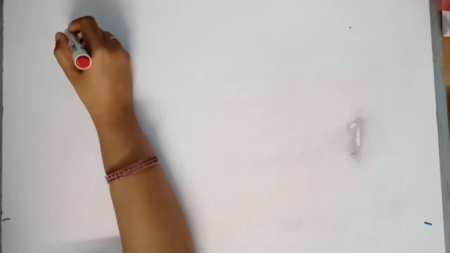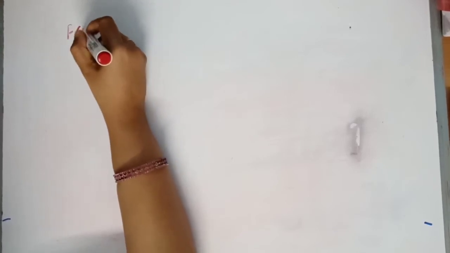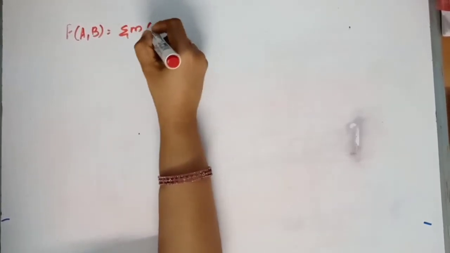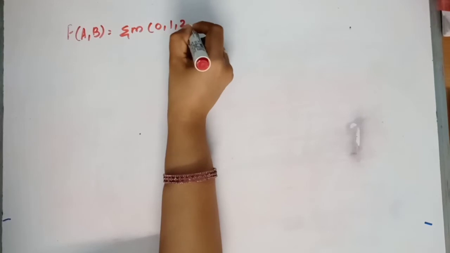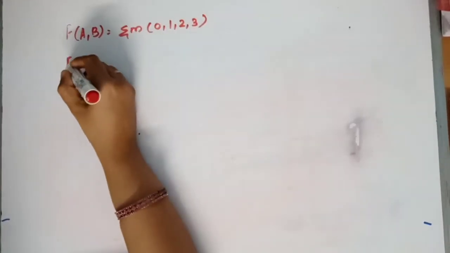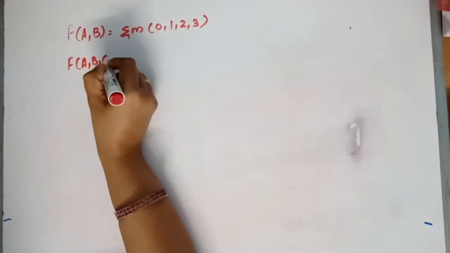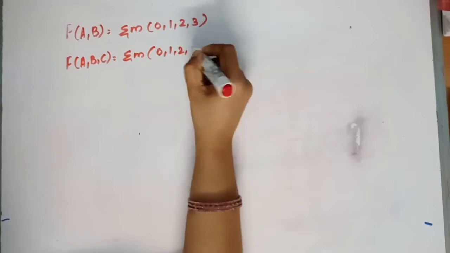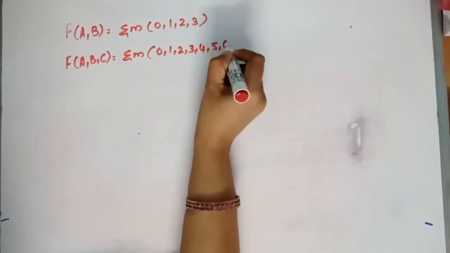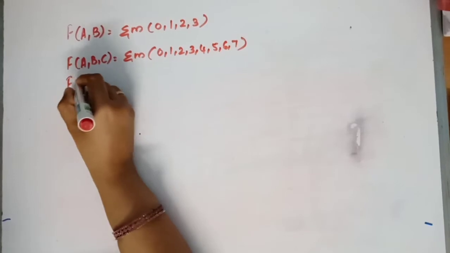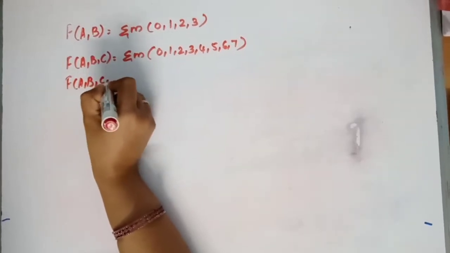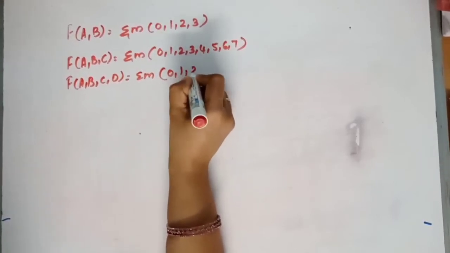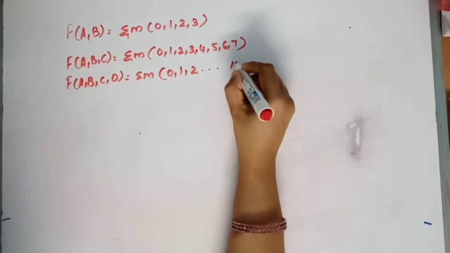Suppose you have a Kmap for which function of AB equals sigma m 0, 1, 2, 3, or function of ABC equals sigma m 0, 1, 2, 3, 4, 5, 6, 7, or function of ABCD equals sigma m 0, 1, 2, etc., 14, 15.